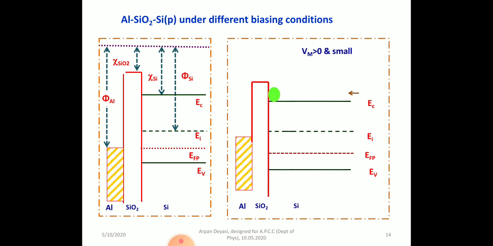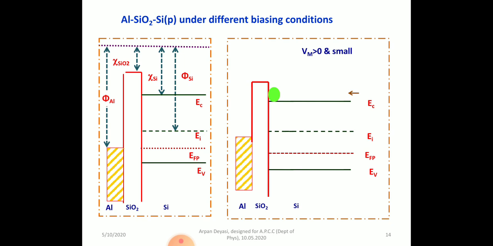Now, if you make minority carrier accumulation in an otherwise hole majority dominant structure, then the effective concentration of majority carrier at the oxide semiconductor interface will be decreased. So, what will happen? It will become less p-type. Once it becomes less p-type, what will happen more?